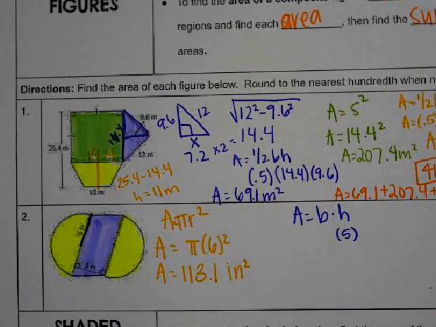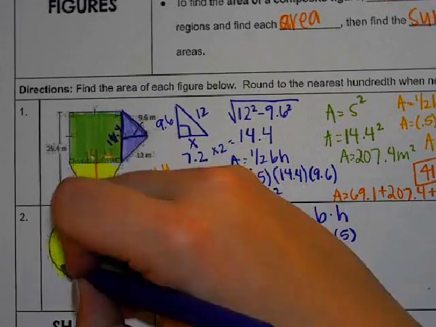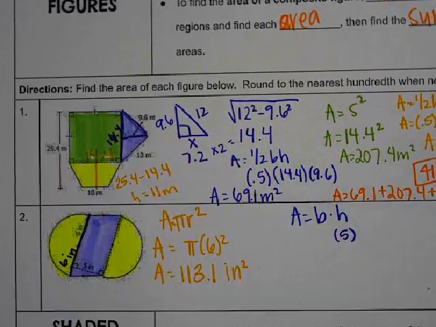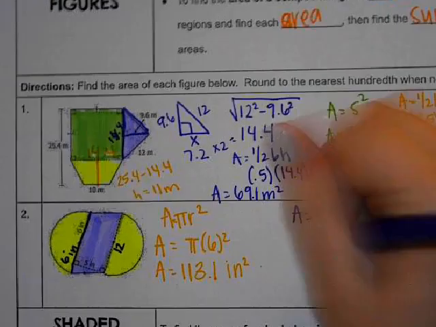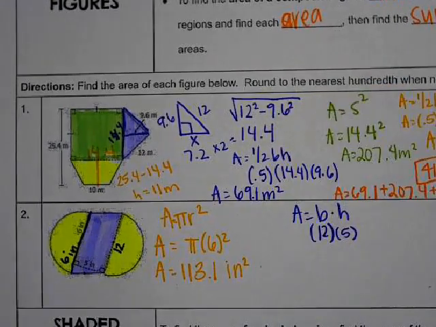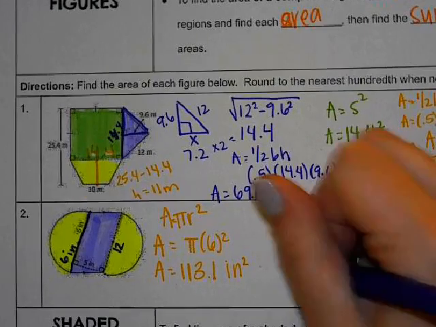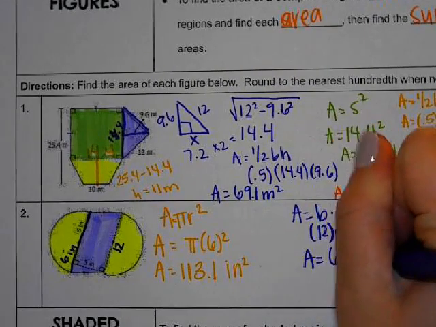I want the whole thing. So that means it's 6 inches plus 6 inches, which gives me 12 inches. So that means my base is 12. In order to figure out what the area is, I'm just going to multiply those 2 together. That would give you 60 inches squared.